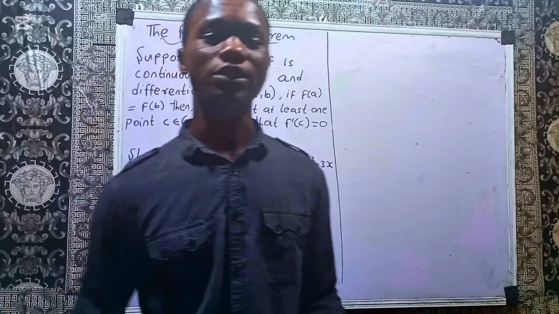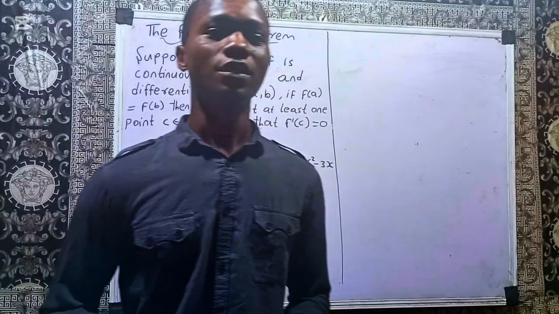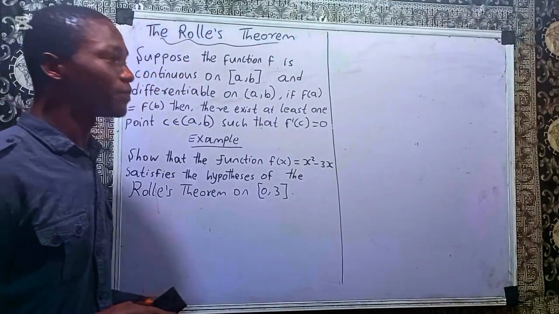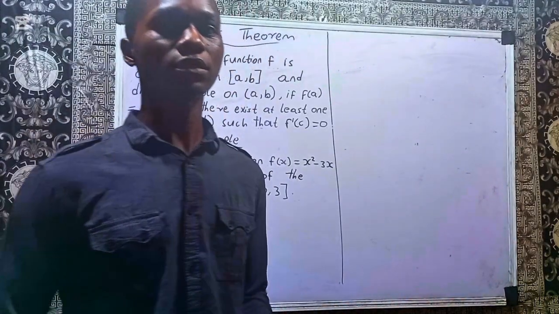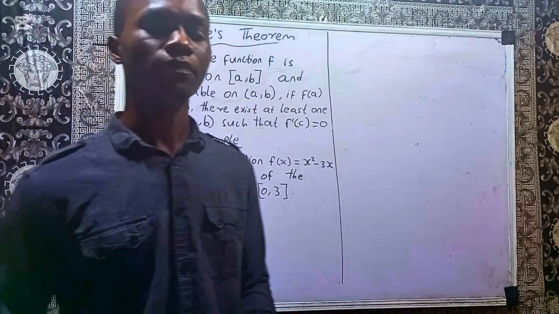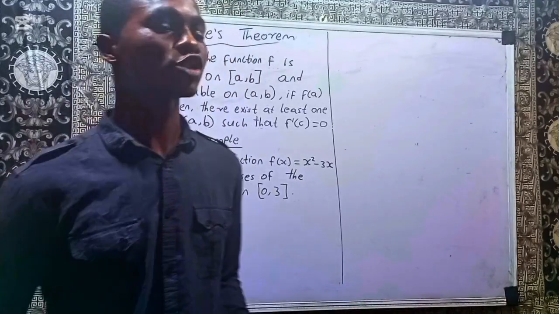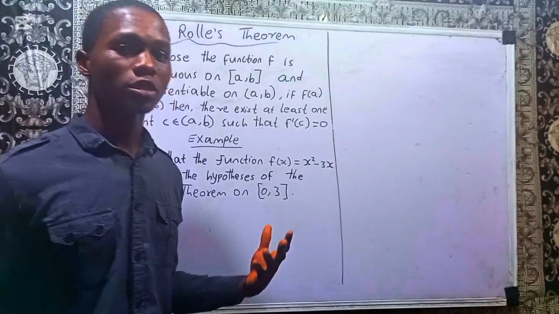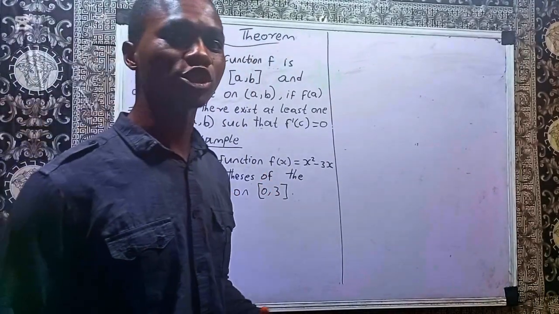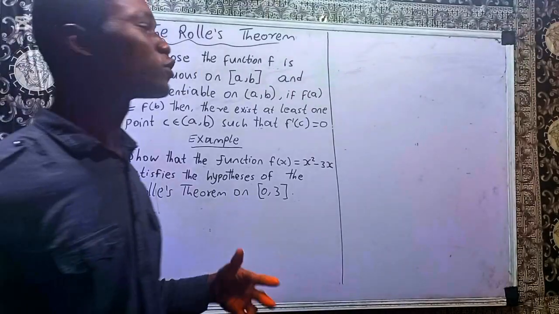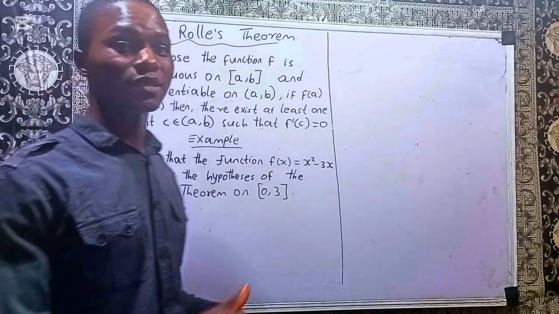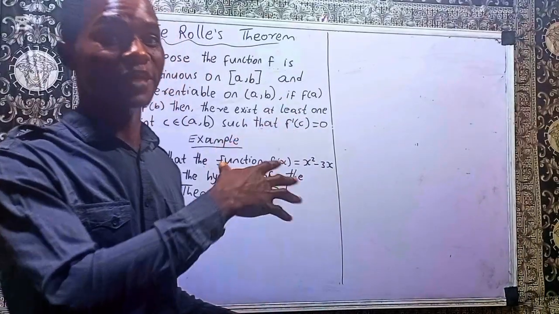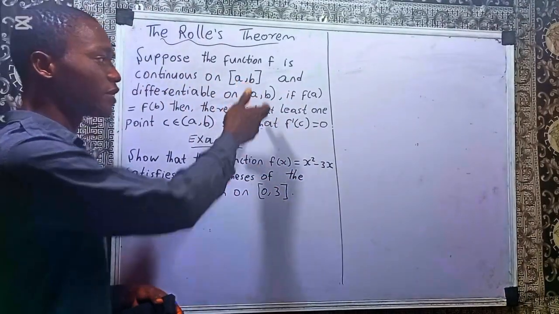We are here again to consider this important topic, Rolle's theorem. So we are going to start the class by stating what this theorem says. Suppose you have a function f which is continuous on a closed and bounded interval [a, b], and that function is differentiable on the open interval (a, b).